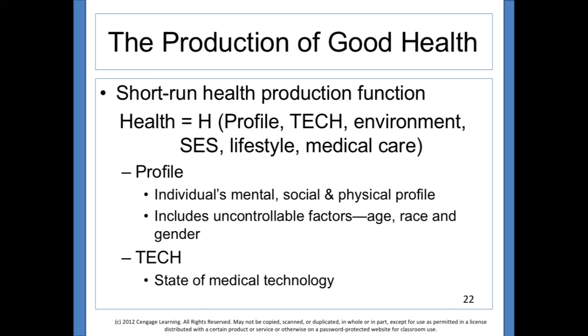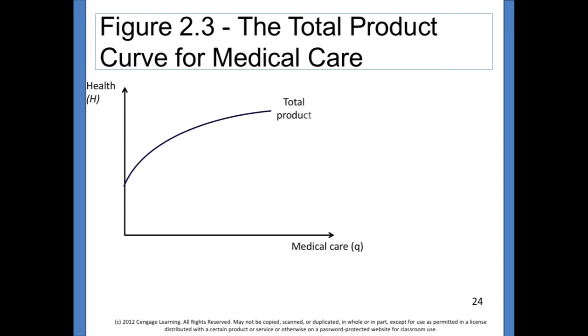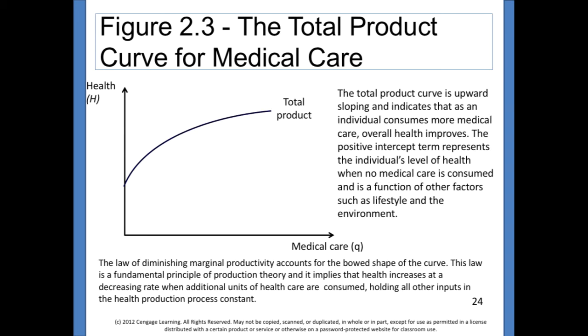So we talked about the environment, the quality of water and air, and demographic factors, and all these factors and medical care can actually change the level of health outcomes.